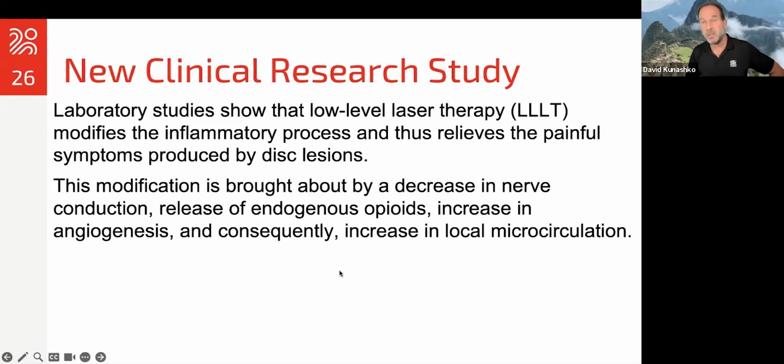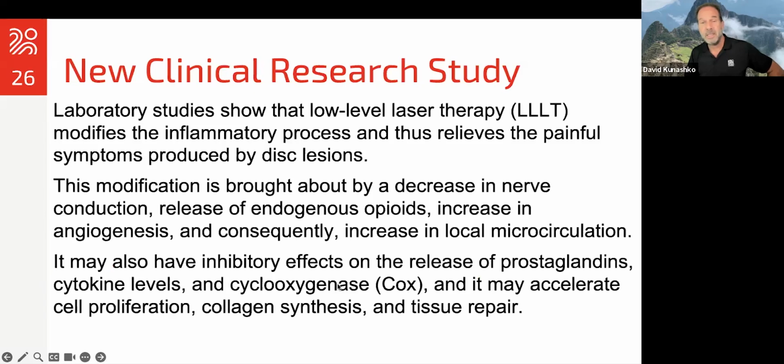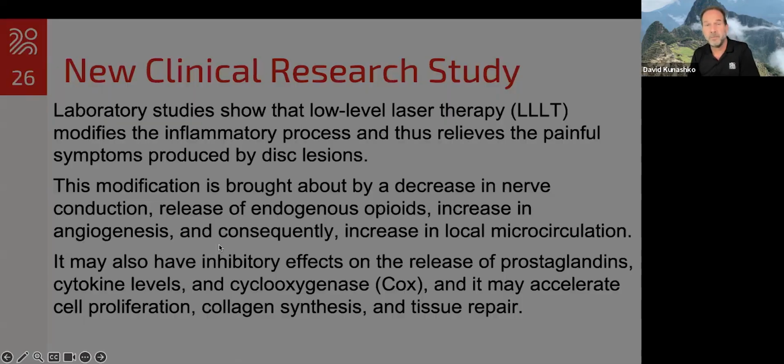It helps to release endogenous opioids for natural pain relief. It increases angiogenesis for helping to repair and helps local microcirculation. And it also has inhibitory effects on the release of prostaglandins, which cause pain, cytokine levels, and cyclooxygenase, which again is part of the inflammatory and pain cycle. And it may even accelerate cell proliferation, collagen synthesis, and tissue repair.